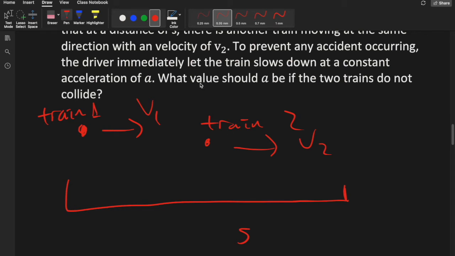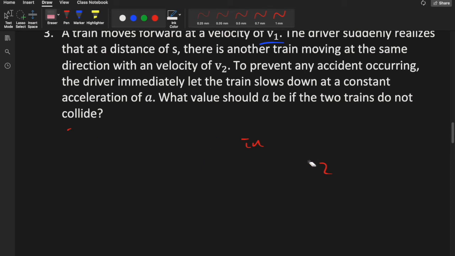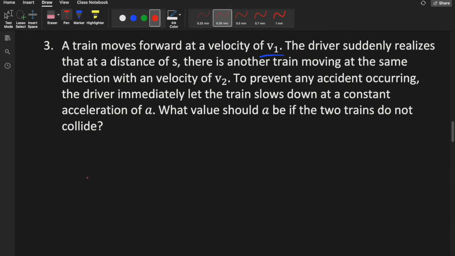Well, let me draw a clearer picture here. So I'm going to erase all of those. At distance s, there's another train moving at a velocity of v2.